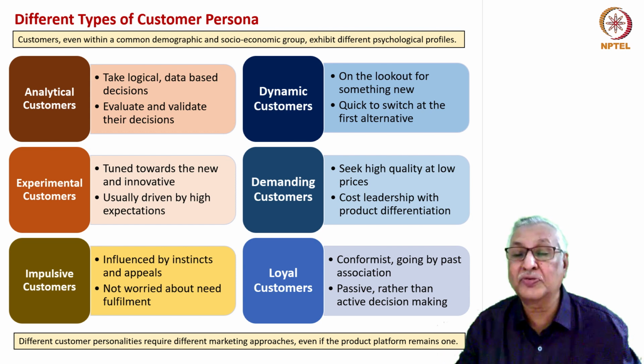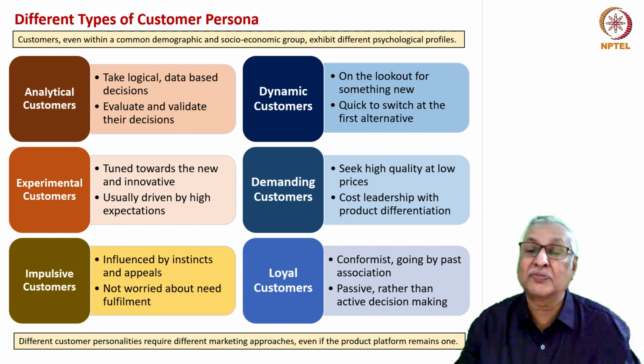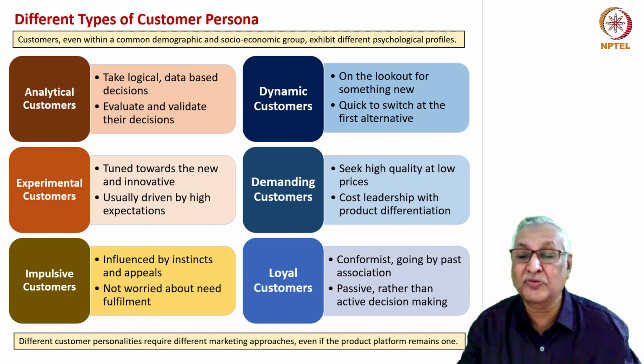They are continuously moving. Then we have demanding customers. They seek very high quality at low prices. They demand cost leadership and at the same time product differentiation. Loyal customers are those who are conformist. They remain in the zones of comfort. They let the company also remain in the zones of comfort. They go by past associations.